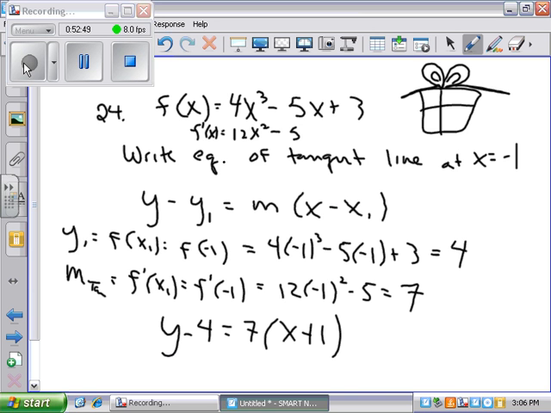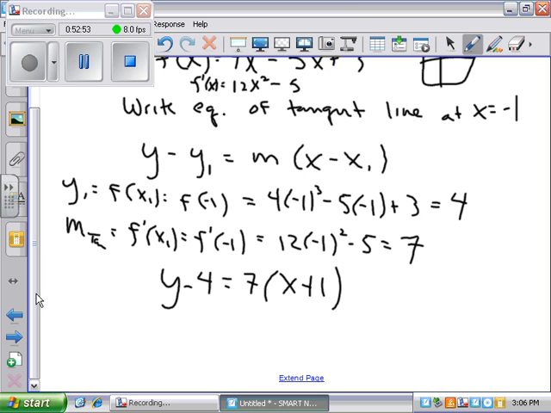They've solved for y, so we should solve for y to see which one it is. If we distribute and combine, we have 7x, we'd have 7, but we're adding the 4. Is that what you kids said? Did you say choice C? Yeah? All right.